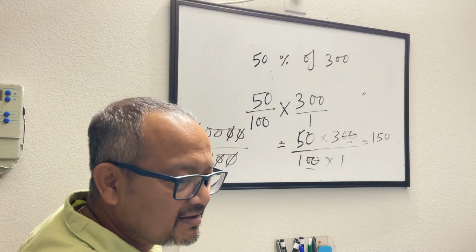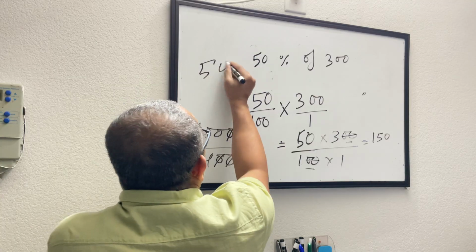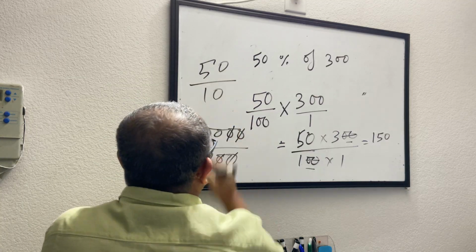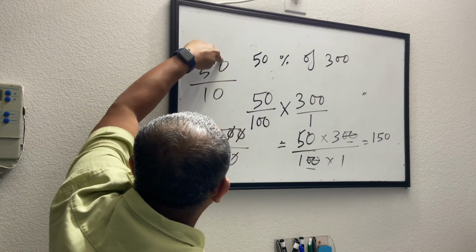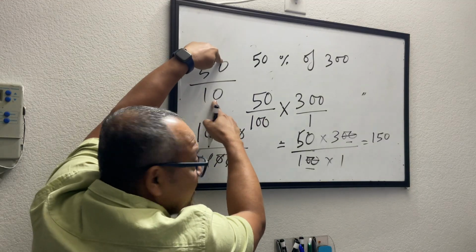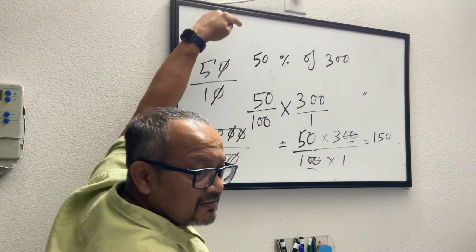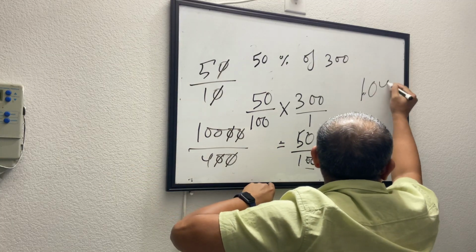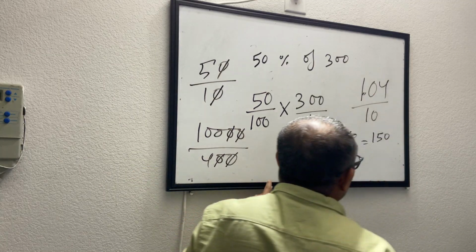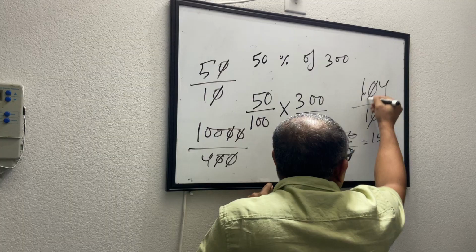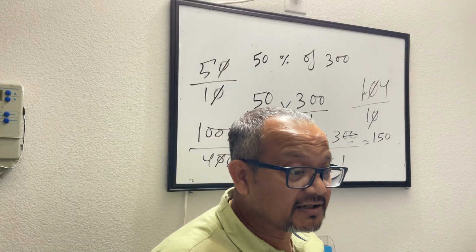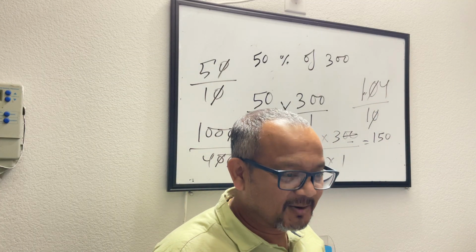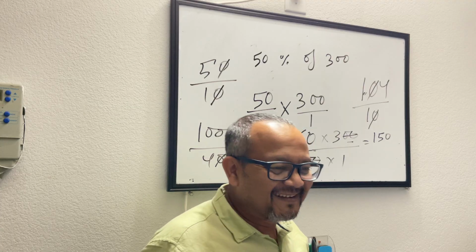Make sense? 50 by 10: here also you have 0 at the end, here also you have 0 at the end. Just knock them out. Done. 5 by 1, that is 5. But if you have 104 by 10 and you say this 0 and this 0 gone, that is not a mistake, that is a crime.